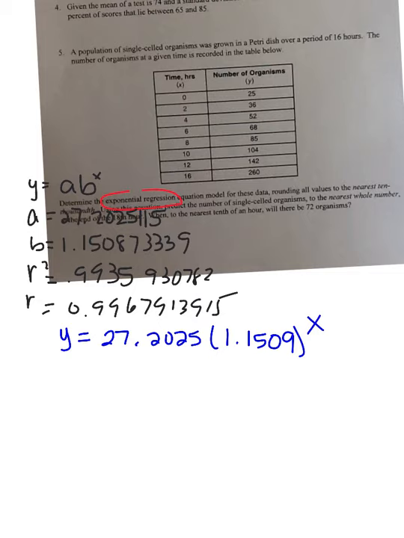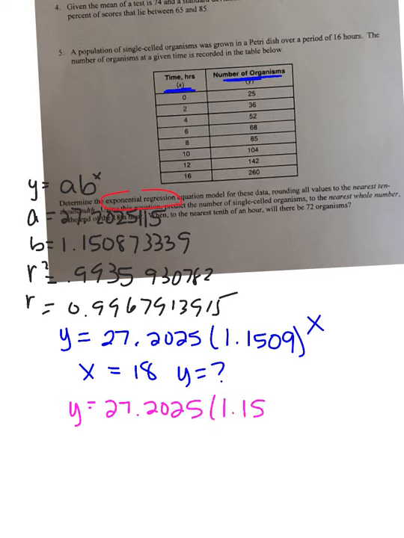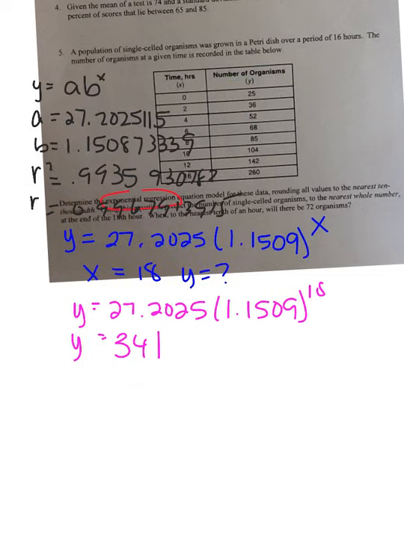Remember, our hours was x. So I want to know when x is equal to 18, what is y? Y equals 27.2025 times 1.1509 to the 18th power. Use your calculator, and we're going to round to the nearest organism, which is 341 organisms.